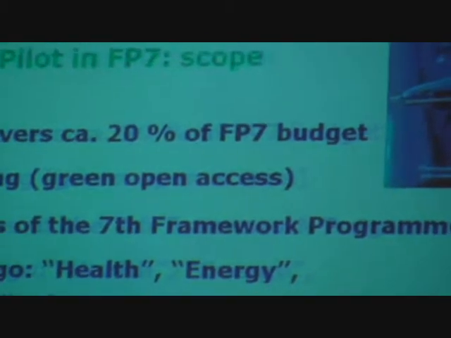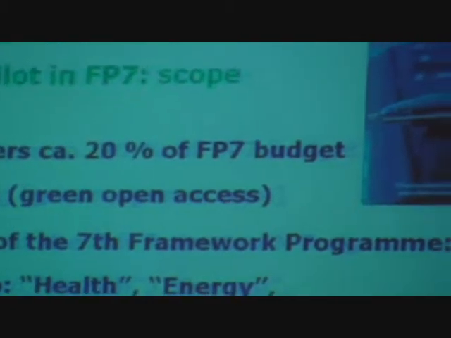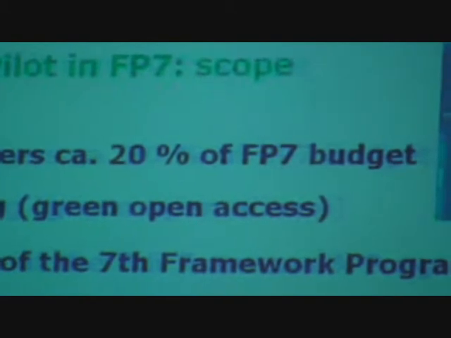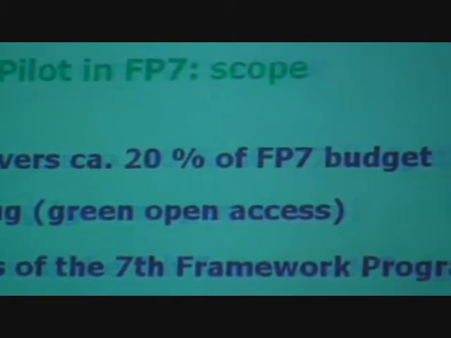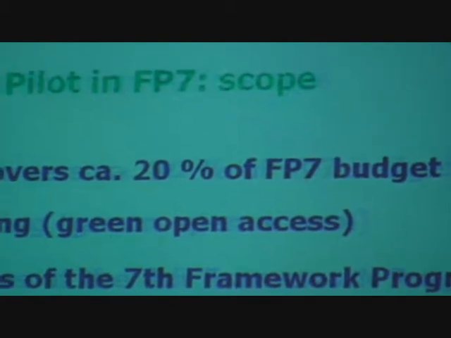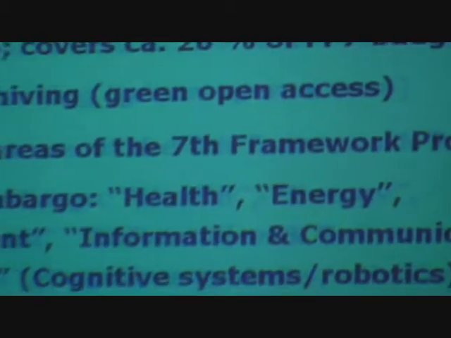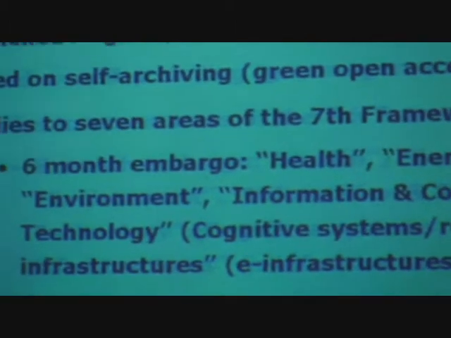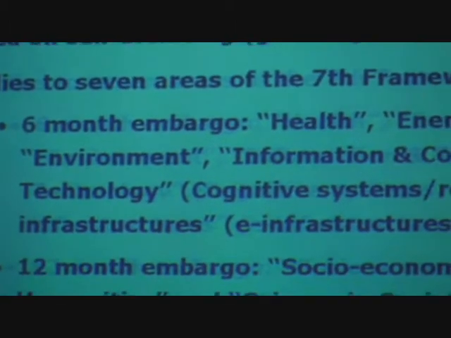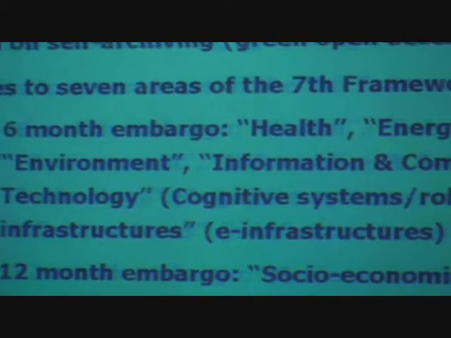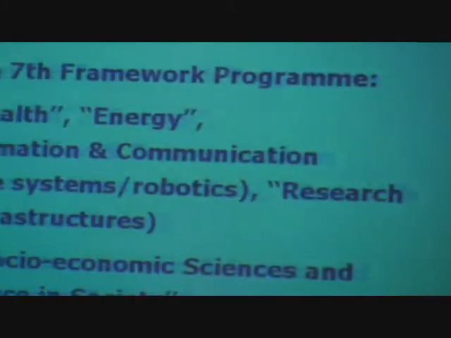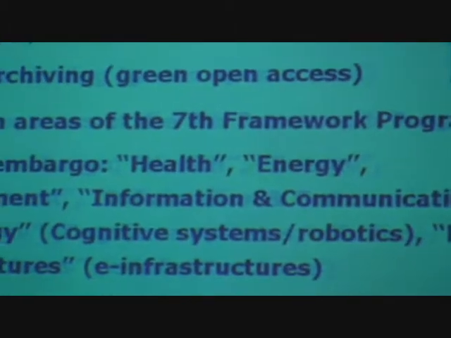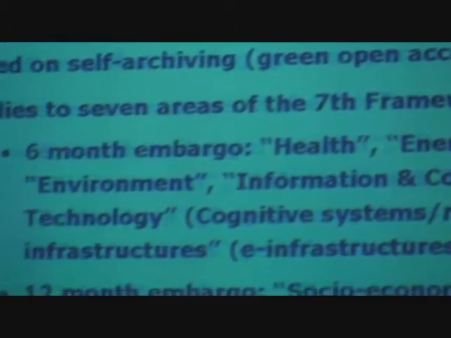And it applies to 7 areas of the 7th Framework Program with 2 different embargo periods. For a 6-month embargo period, it covers health, energy, environment, parts of ICT, and parts of research infrastructures. And for a 12-month embargo period, socioeconomic sciences and humanities, and science and society.